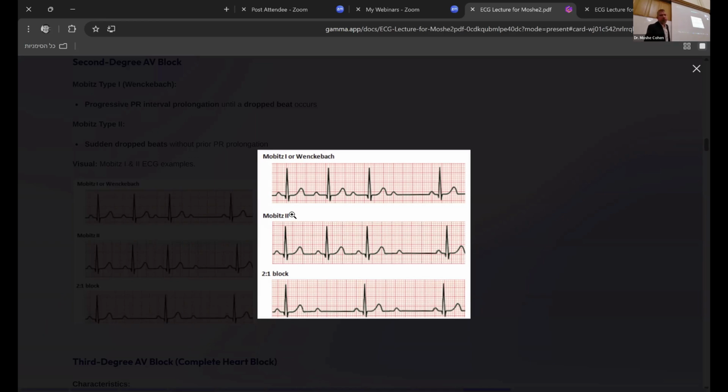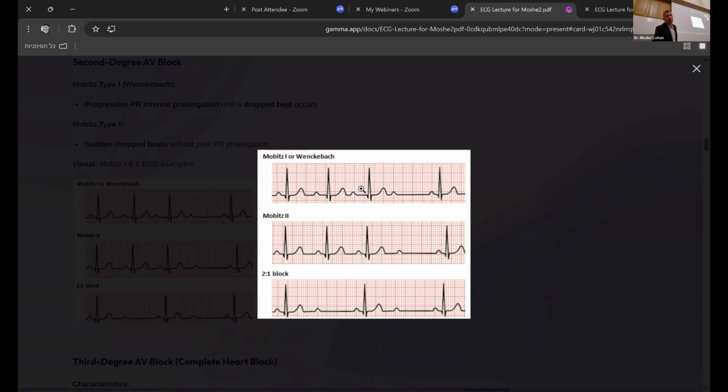Here you see second degree AV block, which is divided into Mobitz 1 and Mobitz 2. Mobitz 1 is when you have prolongation of the PR interval. You see the PR interval, the second PR interval, the third PR interval. Do you see that the PR interval is becoming longer?